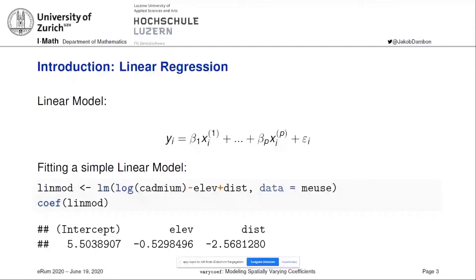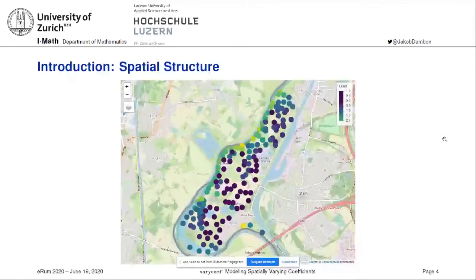However, there's one particular thing which I want to show you now. The first two columns of the data set have the coordinates where the values were sampled. And as you can see, there is some spatial clustering here for the logarithm of cadmium.